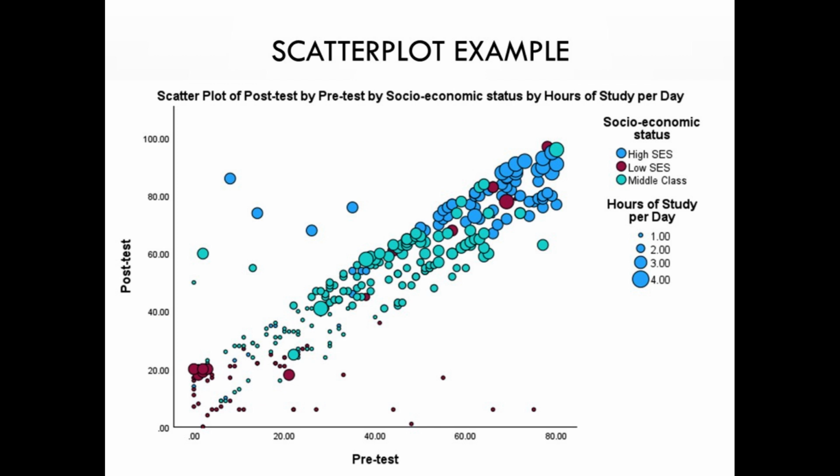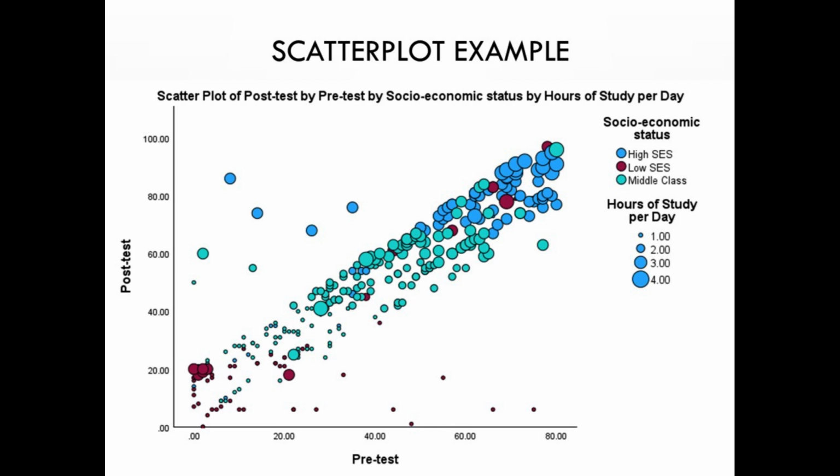Although we say that scatter plots show the relationship between two variables, in this case the relationship between pretest and post-test scores, this type of visualization can convey other types of information as well. For instance, we can use different colors or different types of markers to represent the values of a categorical variable.